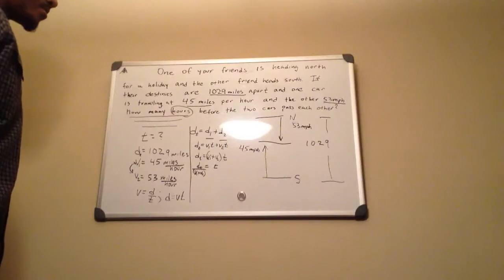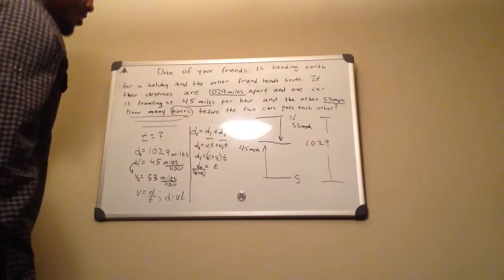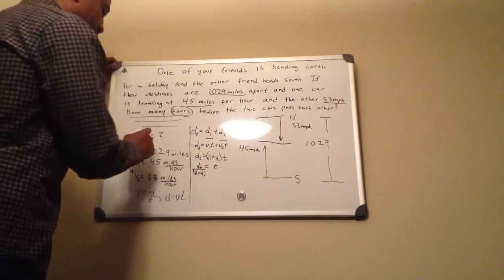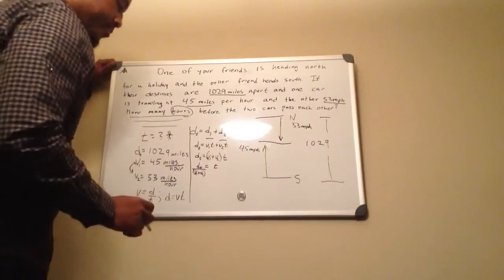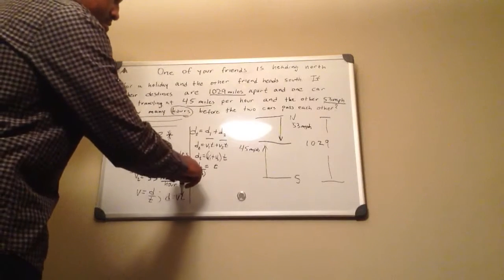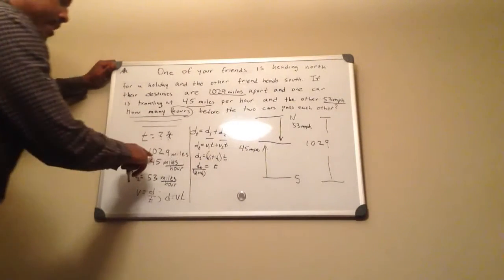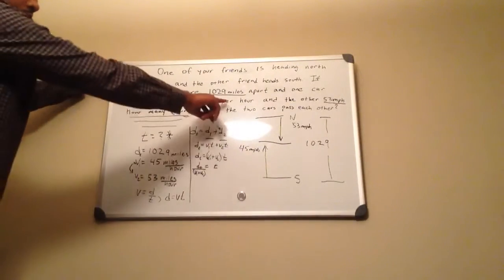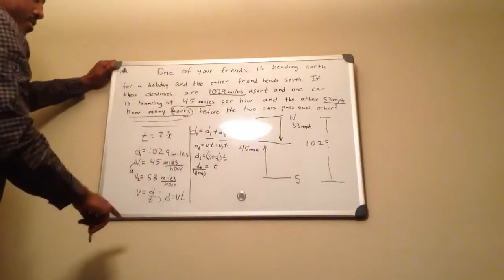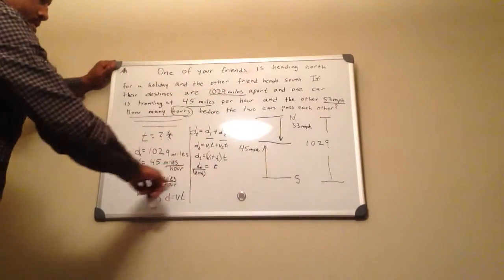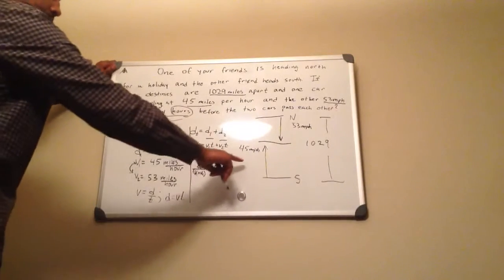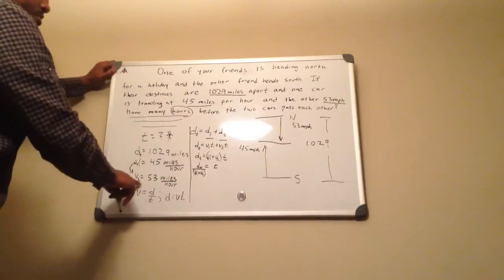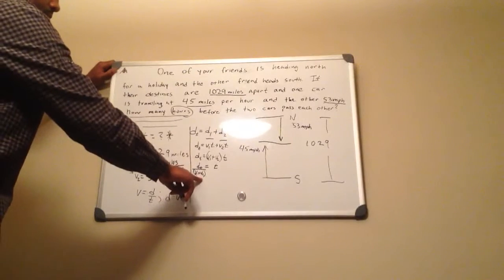So now we have all the numbers we need to solve for our variable time. We have our total distance, which we defined as 1,029. We have our V1, which is 45. And we have our V2, which is 53.